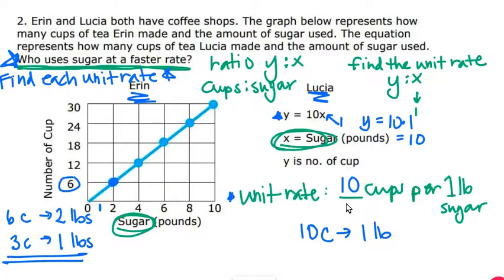You're not going to run out until 10 cups. So I am using sugar faster because I have less tea to show for all the sugar that I spent. So our answer is Aaron uses sugar faster.